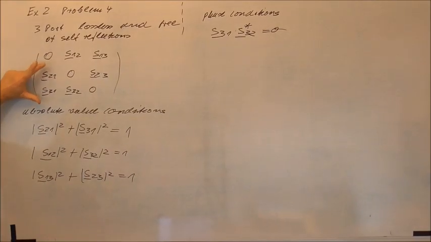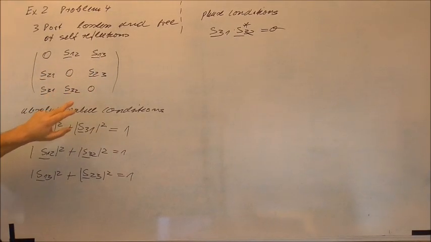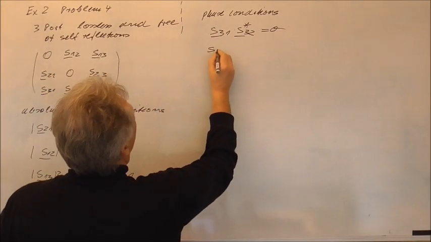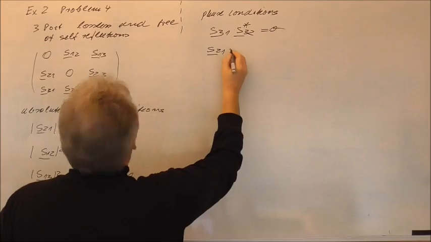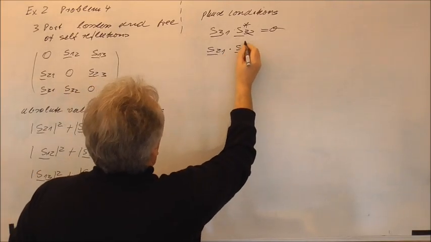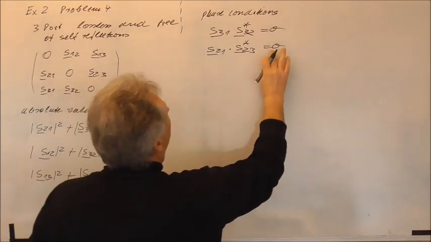Then we have to take this column vector times this column vector, and then you see the only remaining element will be S21 times S23 conjugate complex. This also must be 0.